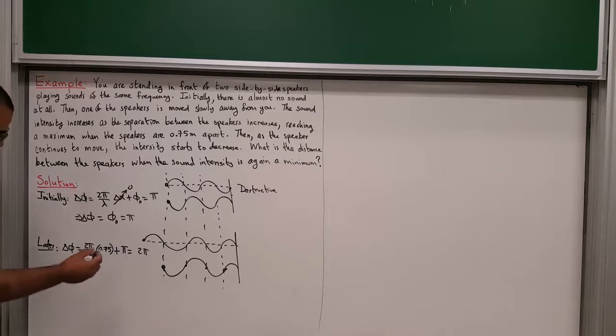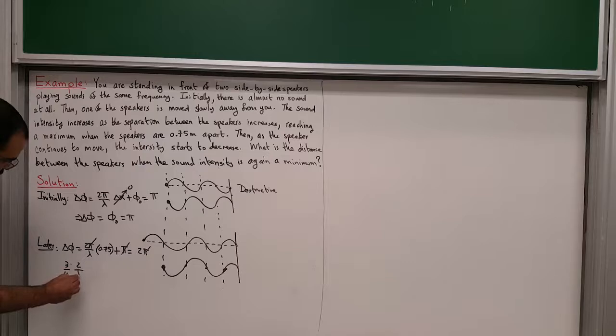Let's see what we get for lambda first. So we divide everything by pi. By the way, 0.75 is 3/4, right? So I have 3/4, let's divide by pi here, so we got 3/4, and then 2 over lambda is plus, when we divide it by pi, there is a 1 here, and here there is a 2.